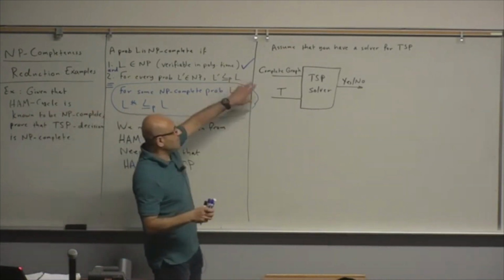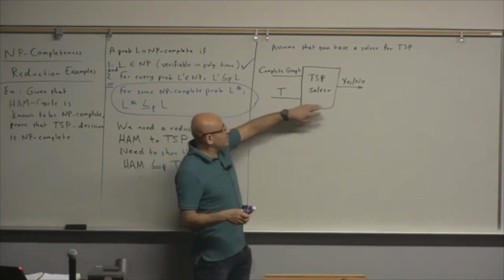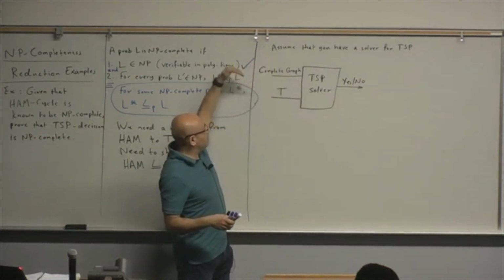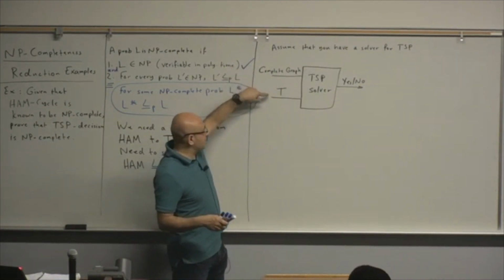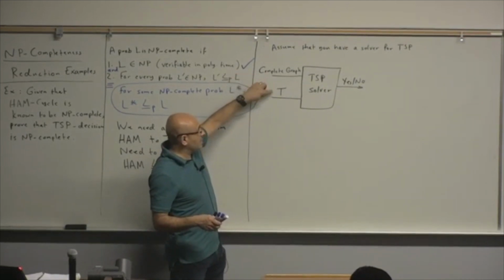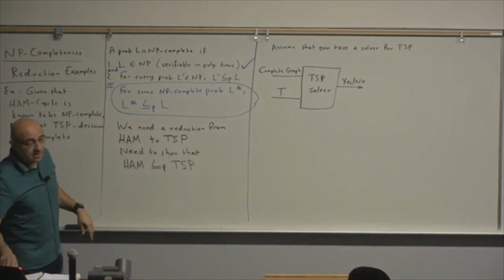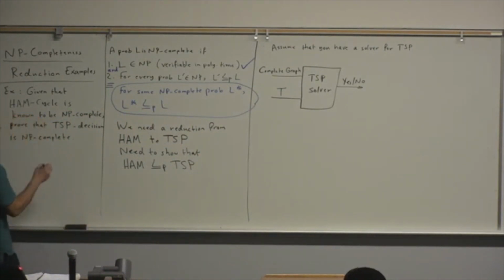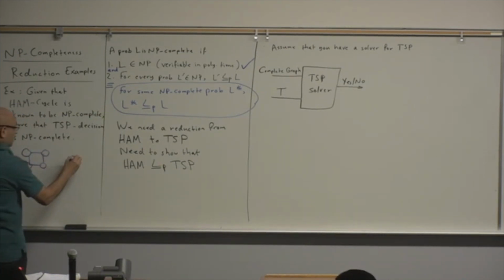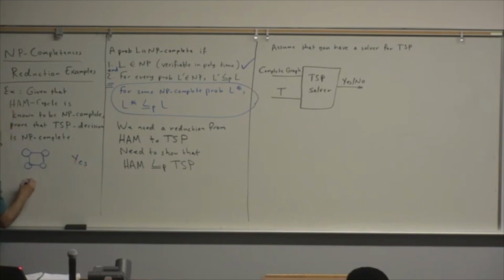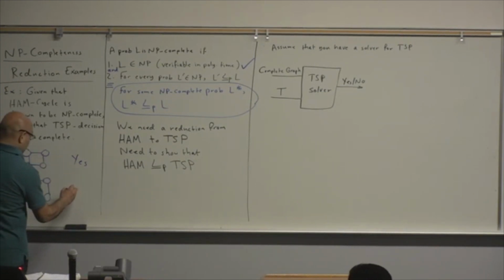I give it a complete graph and a target, and it tells me whether there is a simple cycle with cost that is equal to the target or less. Now, how can I use this to solve the Ham cycle problem? How can I use it so that if I give it this, it's going to tell me yes, and if I give it this, which is not Hamiltonian because it doesn't have all the edges, it's going to tell me no.